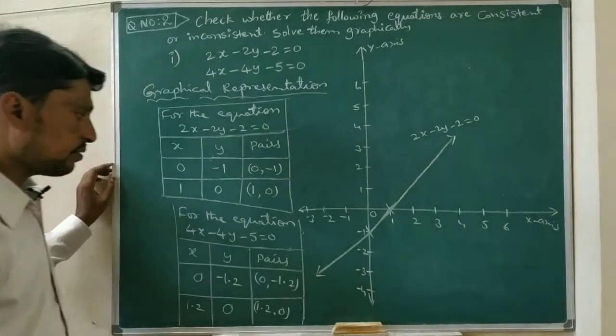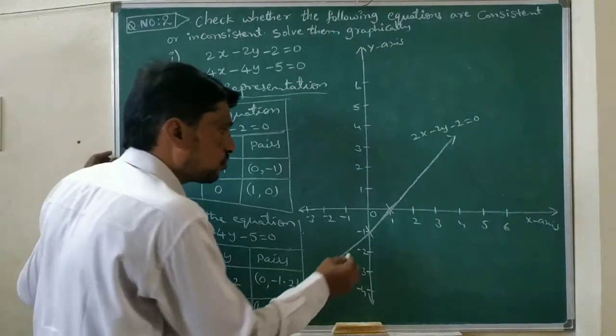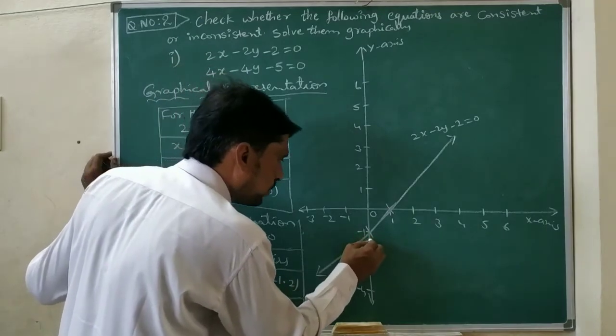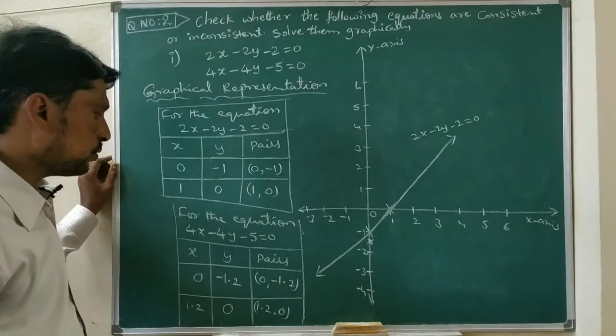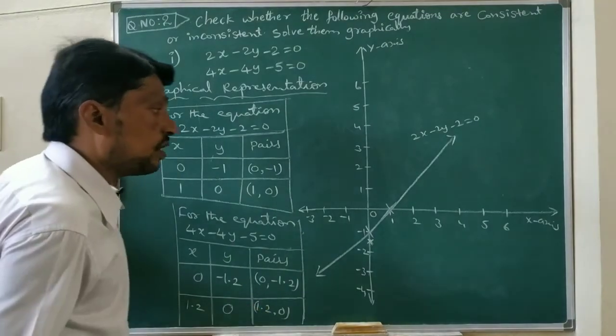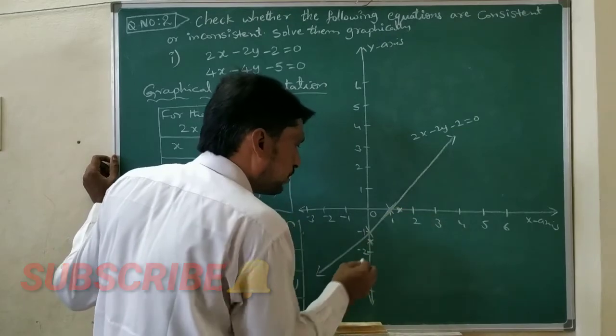Next one is 0 comma minus 1.2. So 0 and minus 1.2 means here nearer only we are getting. And the second one is 1.2 comma 0, means here only we can get.